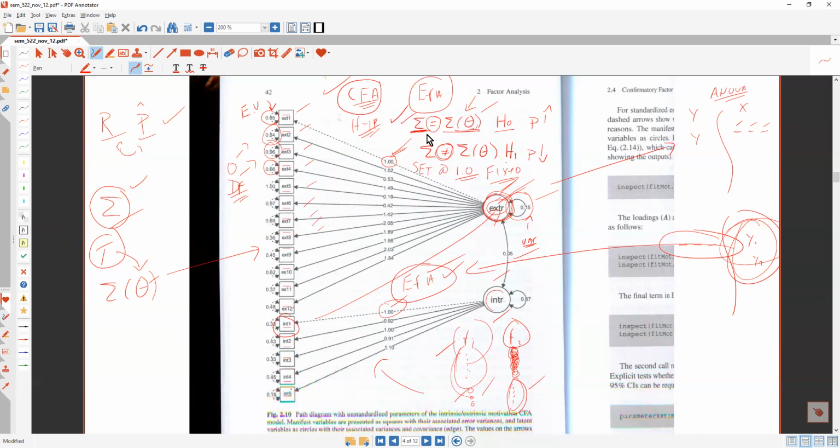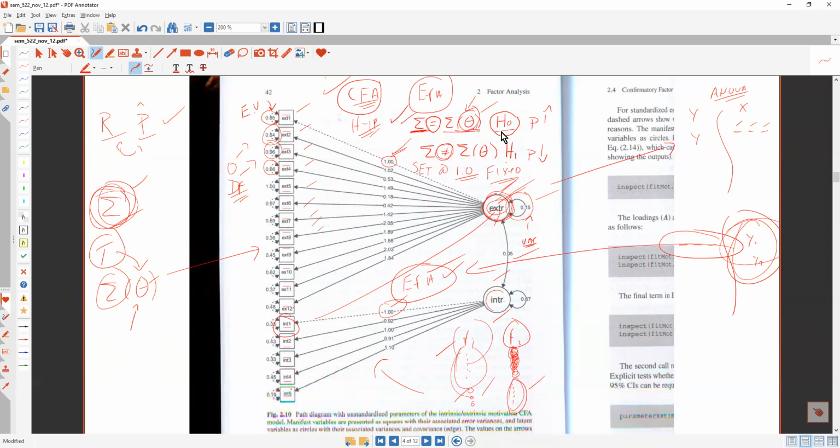This one wins out right here, because you have a covariance matrix, and what you're trying to do is get the parameter vector. That's this thing right here. You're trying to get the parameter vector that's going to do the best job at reproducing this. So this equality is actually what you want to see. Okay, it's actually what you want to see, and this is the null hypothesis in structural equation modeling.